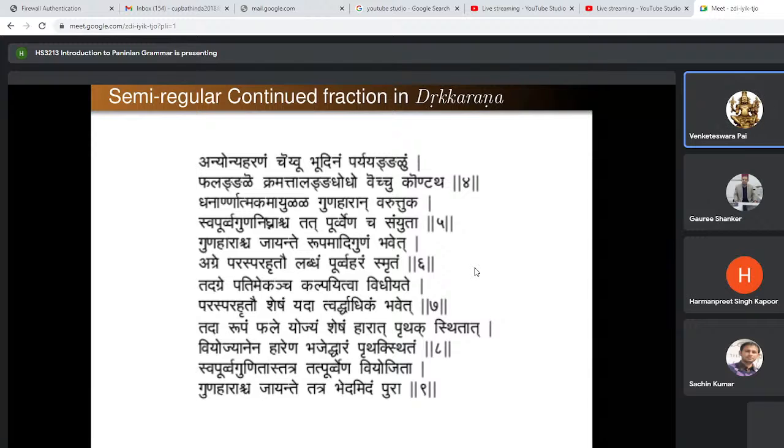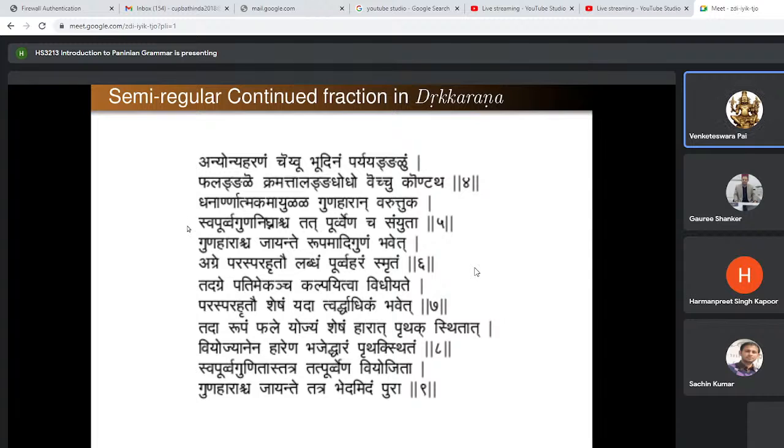Then he says dhanarnatmakangalayulla gunaharan vartuga. Obtain the successive multipliers and divisors which are of the nature of dhana and rana. Dhana means additive or positive quantities, and rana means subtractive or negative quantities.